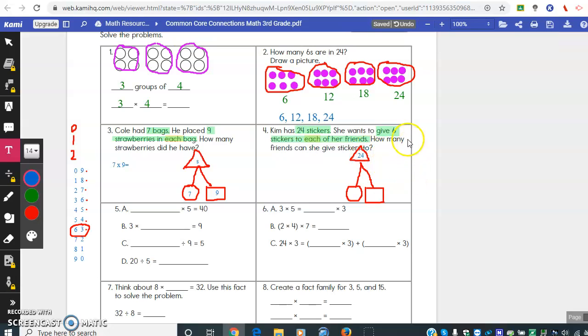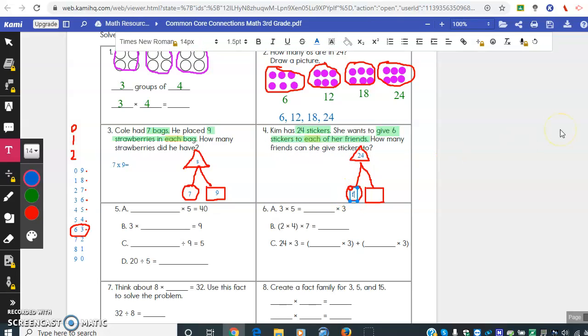Then I'm going to decide where my 6 stickers to each of her friends go. Are those my groups, or is that the number each friend gets? In this case, my story, my groups are my friends. And I don't know how many friends there are because the question says, how many friends? If my friends are my groups, I don't know that yet.